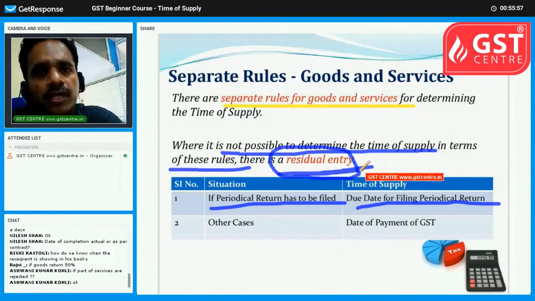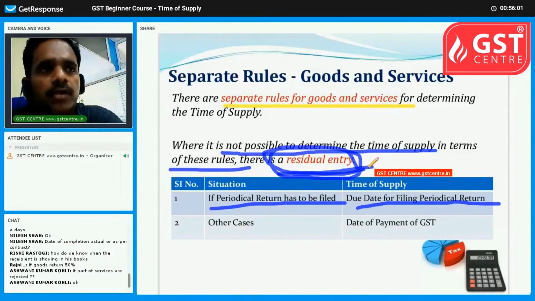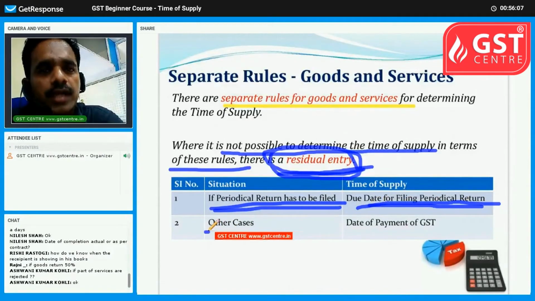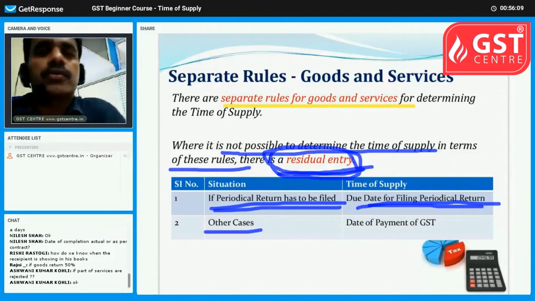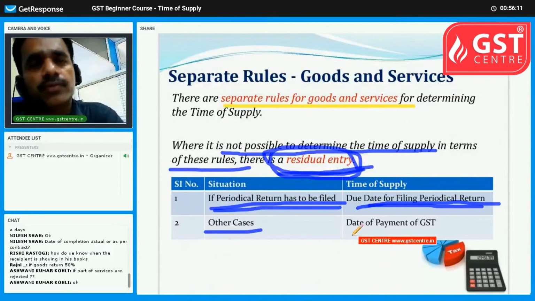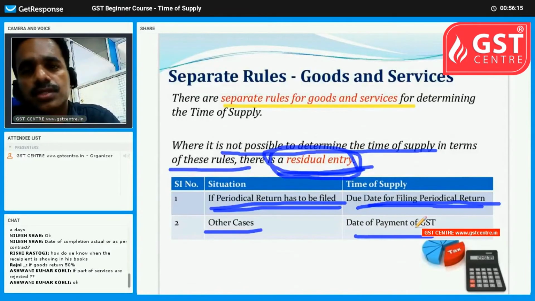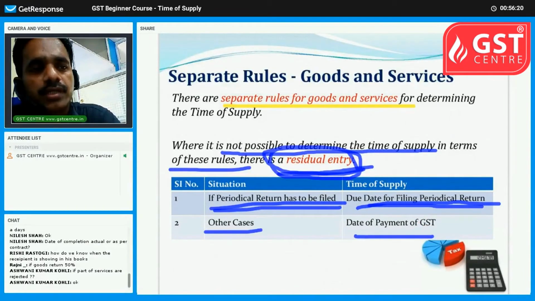This rule is applied only when the earlier rules are not applicable. And in other cases, we have to look at the date of payment of GST. So that is the residual entry.